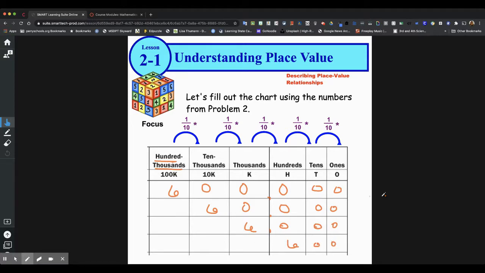So we can take 600,000 here and divide it by 10, 100, 1,000. We can take 600,000, divide it by 1,000, and get 600. That's how this chart works. It's moving from left to right, and remember, it's getting smaller. Okay? Clear that up.